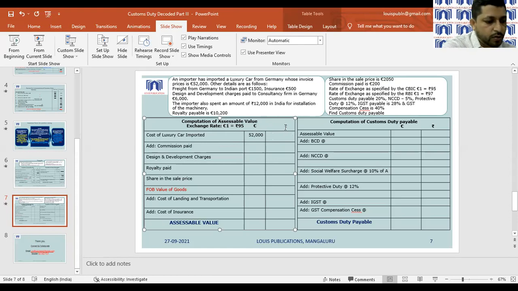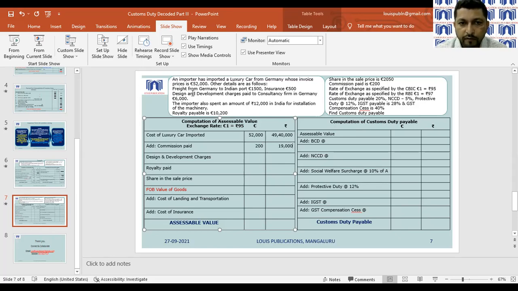So 52,000 multiplied by 95 will give us 49,40,000. That will be the value. Then we have commission paid, 200 euros. So 200 into 95, the exchange rate, that would be 19,000.